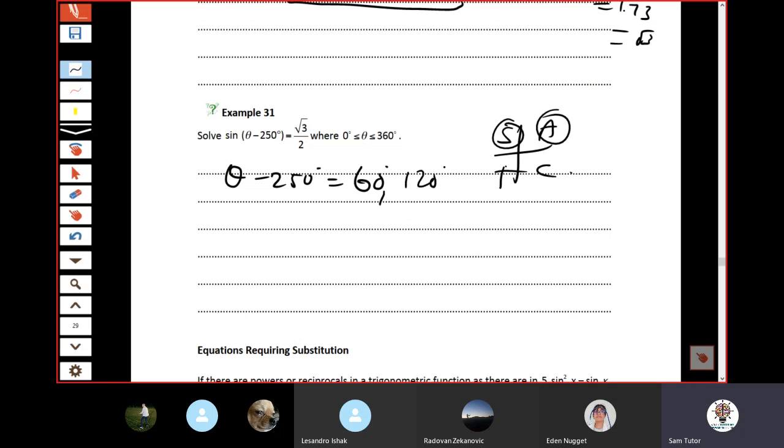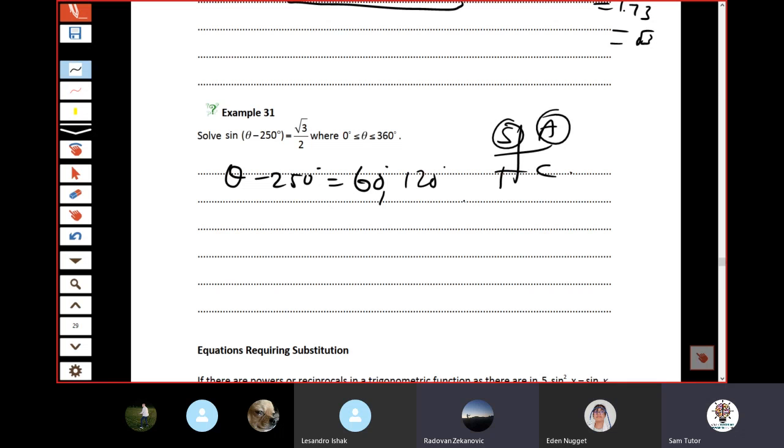So my next answer is 120 degrees. Anyone have any questions up to this stage? Okay, now remember, I can add and subtract as many 360s. If I add 360 to these answers, I'm going to add 250 afterwards. It's just going to get too large.